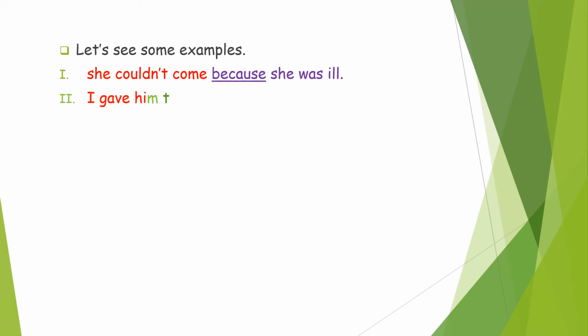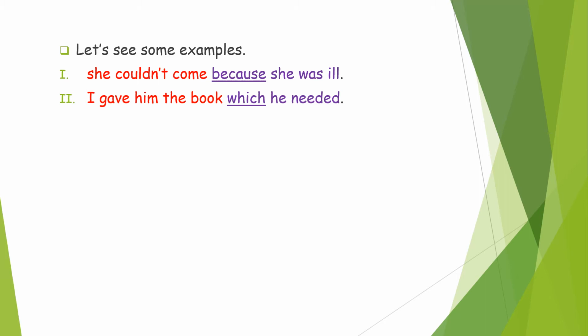The second example, I gave him the book which he needed. You can see the first part in red color and the second part in purple color, and the connecting word which is used here. When I read only the first part, I gave him the book, it is complete and meaningful.